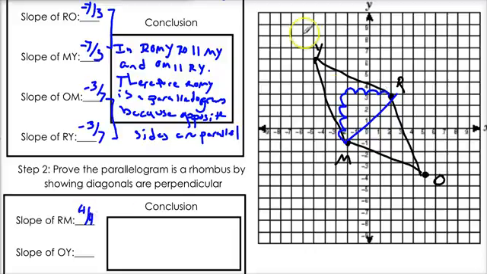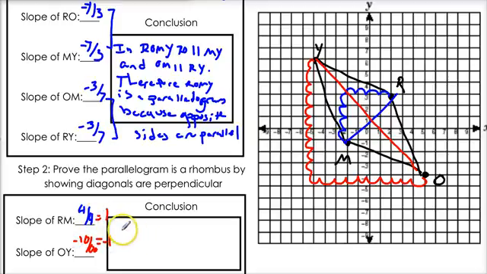And then YO, you can count that yourself. But it's 1, 2, 3, 4, 5, 6, 7, 8, 9, 10, and then 1, 2, 3, 4, 5, 6, 7, 8, 9, 10. So that is 10 over 10, but that is negative. So this is positive 1, this is negative 1.